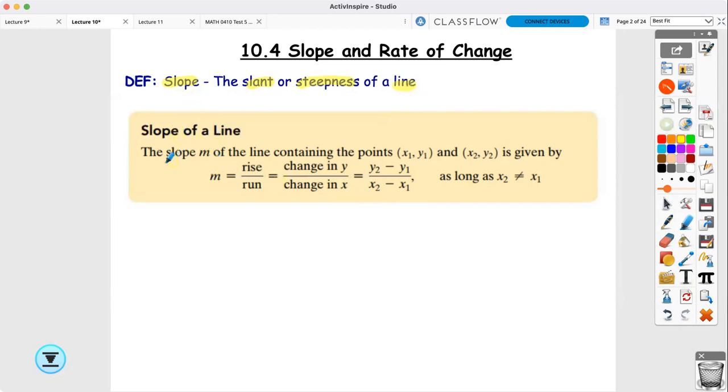Now, the slope m of the line containing the points x1, y1, x2, y2 is given by m equals rise over run equals change in y over the change in x, which is just pretty much equal to y2 minus y1 over x2 minus x1, as long as x2 never equals x1.